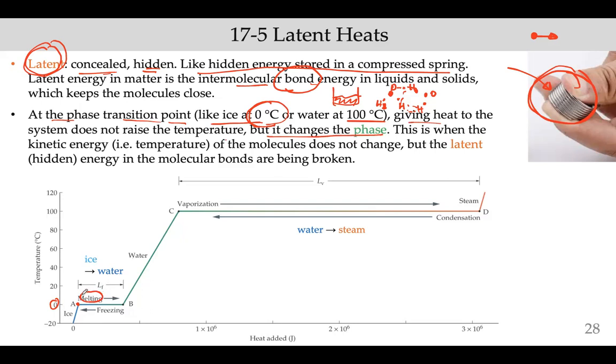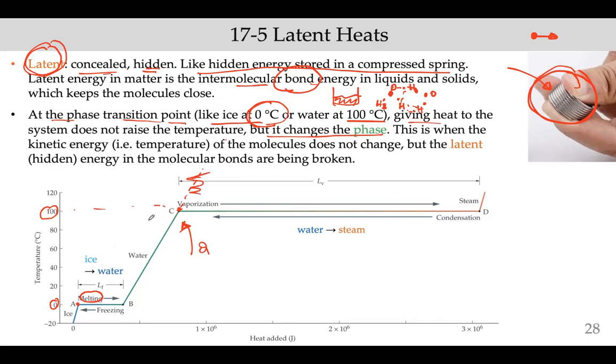So at phase transition points, 0 degrees, and also at 100 degrees. So you have water, and water comes to 100 degrees. And after that point, even if I add energy, add heat to the system, the water temperature will not rise like this.